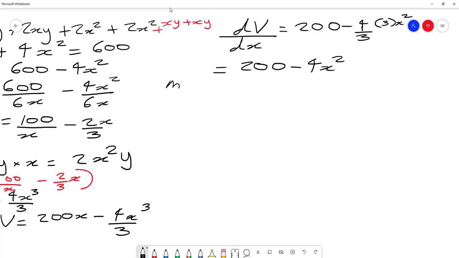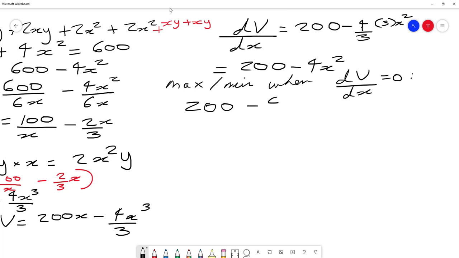Now maximum and minimum occur when the first derivative equals 0. So maximum and minimum when, in our case, dV by dx equals 0. In our case, it's a maximum value. So we're going to set 200 minus 4x squared equal to 0. So we get 200 equals 4x squared.